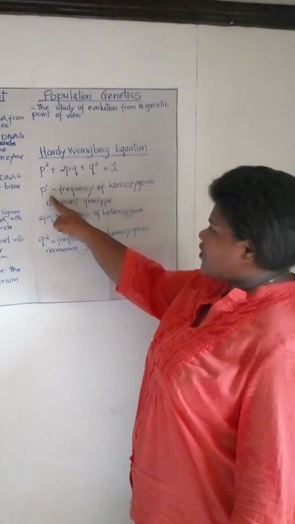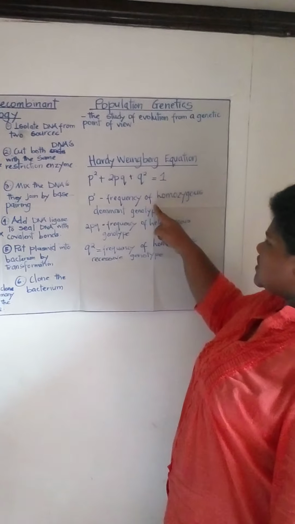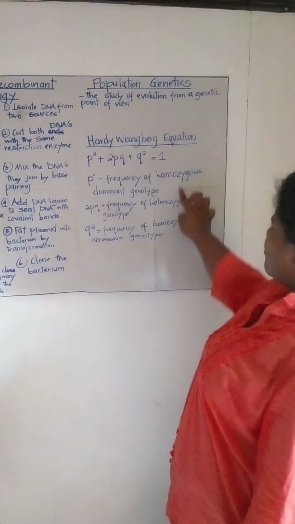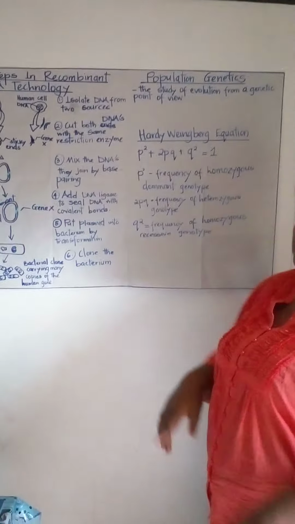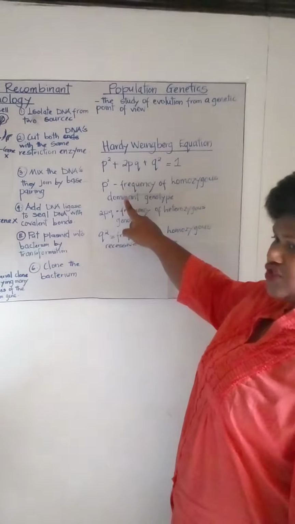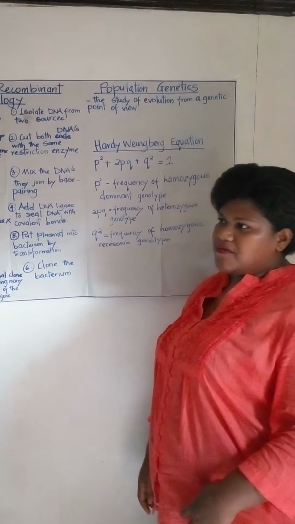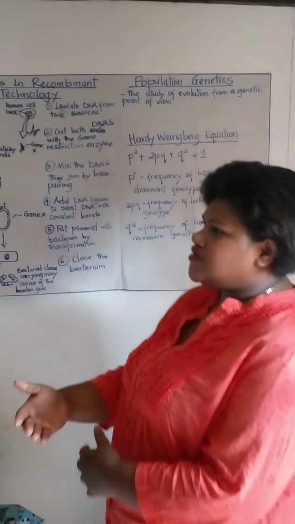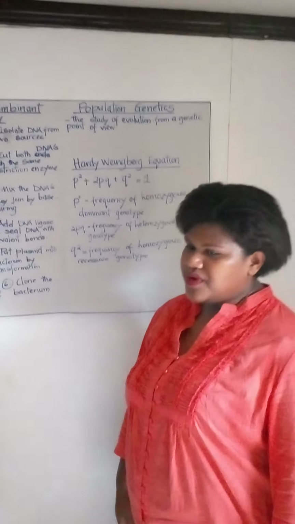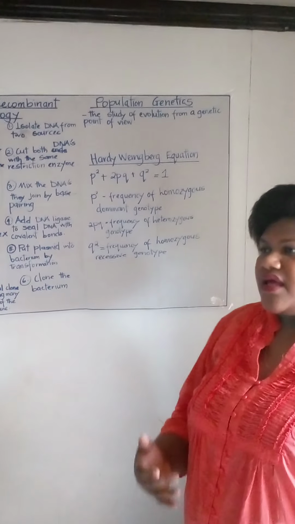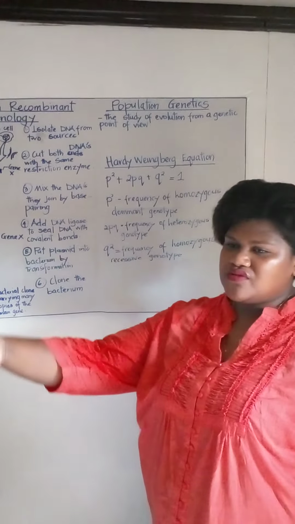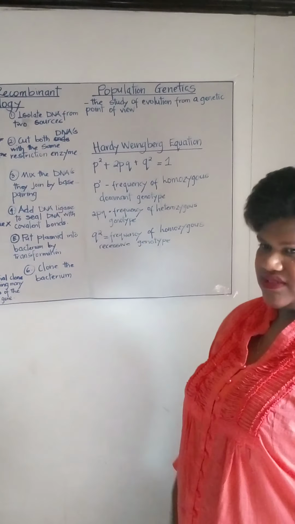P squared means the frequency of homozygous dominant genotype. Homozygous means it's the same. Dominant means it's dominant over the other, like for example, a white butterfly is more dominant to the black butterfly.